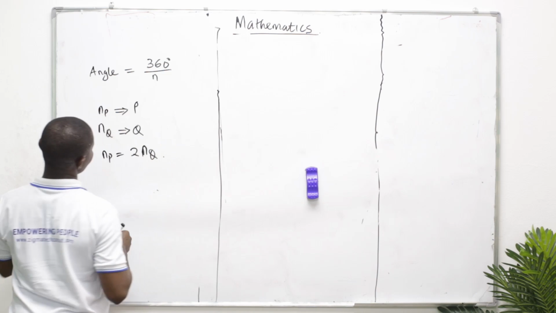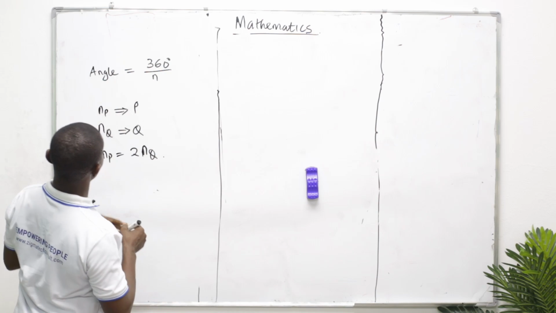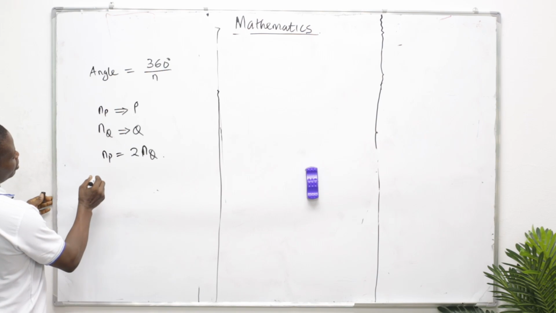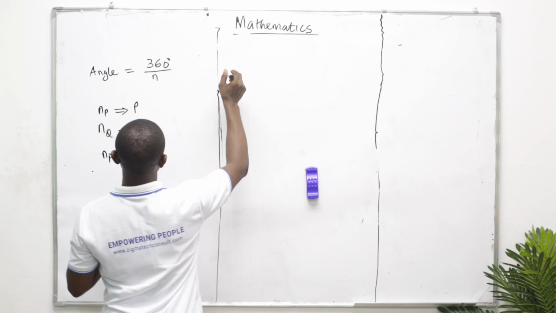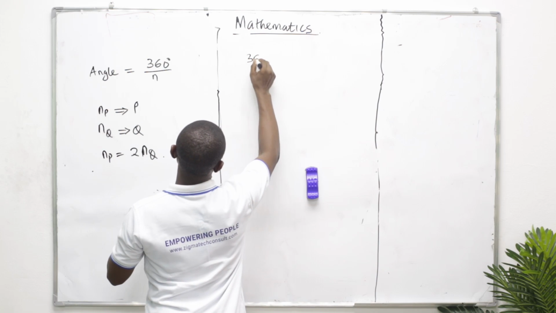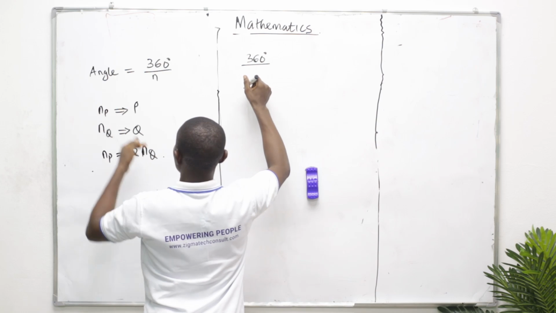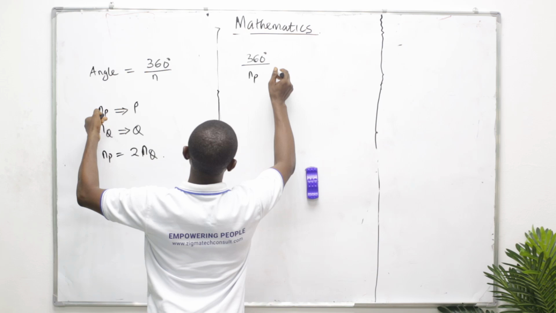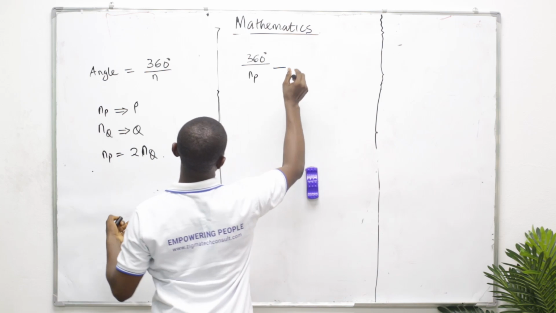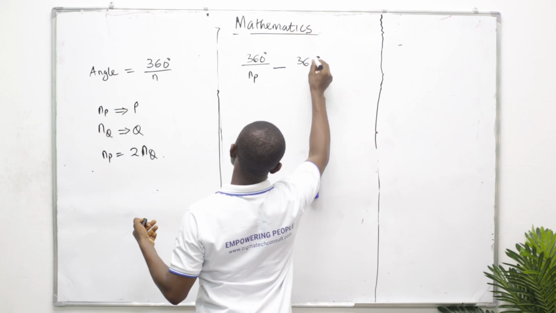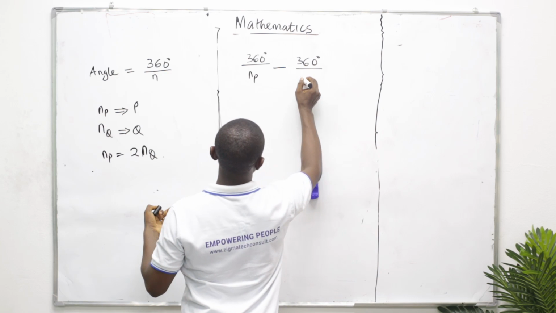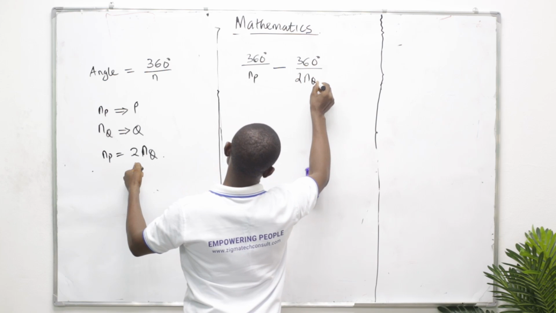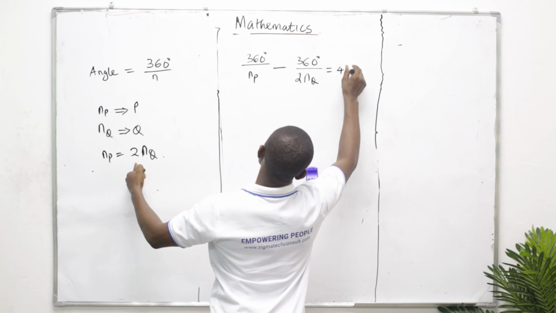I have that 360 all over the first, that's number of P, the difference between them, 360 all over. Recall, NP equals 2NQ, equals 45 degrees.